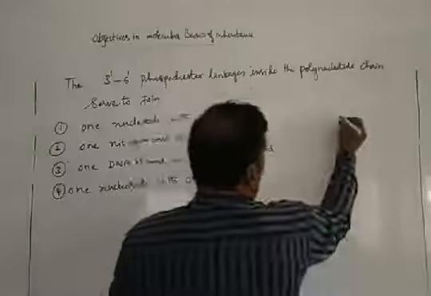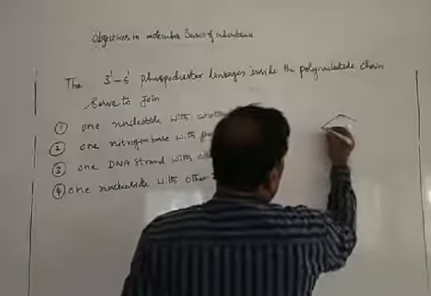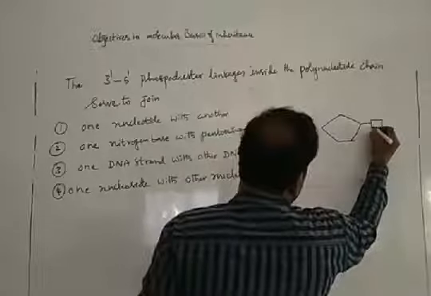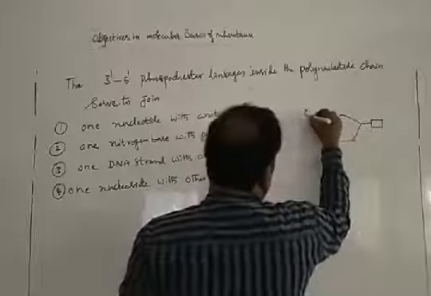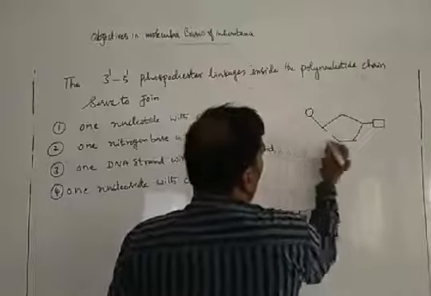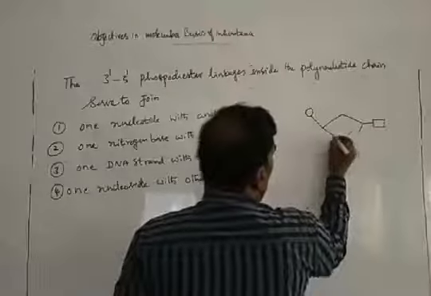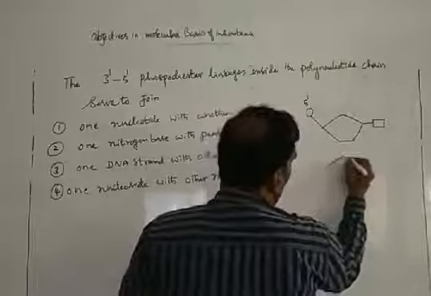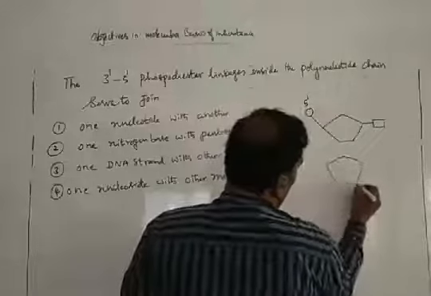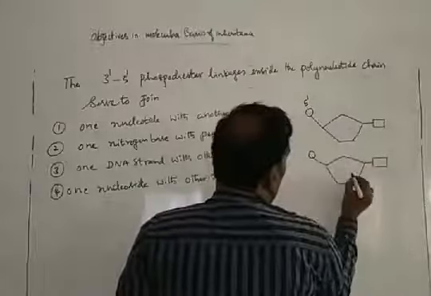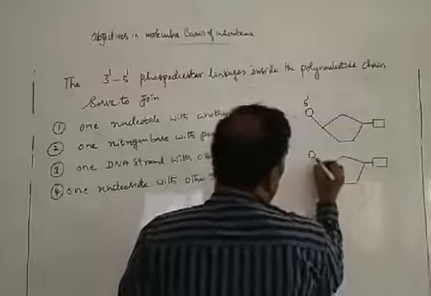For example, this is one nucleotide: this is a nitrogen base, this is a pentose sugar, and this is the 5 prime end. 1, 2, 3, 4, 5. And here is one more nucleotide, 1, 2, 3, 4, 5.